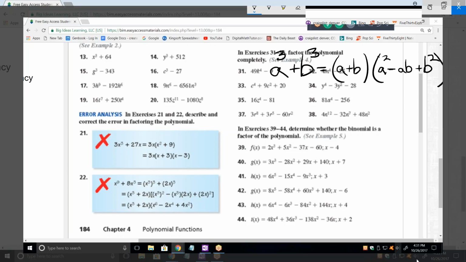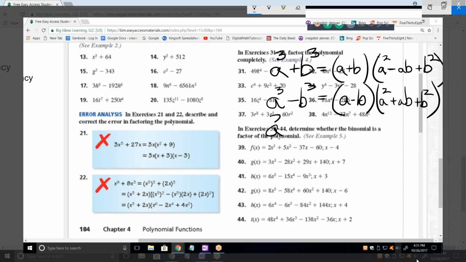Good. Now tell me what A cubed minus B cubed is. A minus B, then A squared plus AB plus B squared. Perfect.